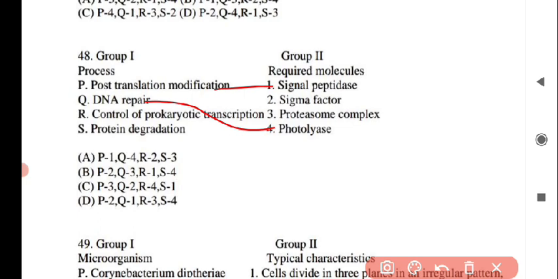For the third option, that is control of prokaryotic transcription, the correct answer is option number 2, that is sigma factor. And for protein degradation, the correct answer is option number 3, that is proteasome complex. So option A is correct for this question.